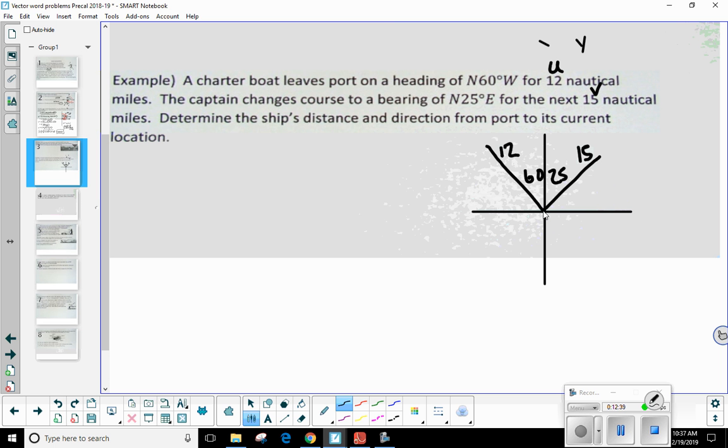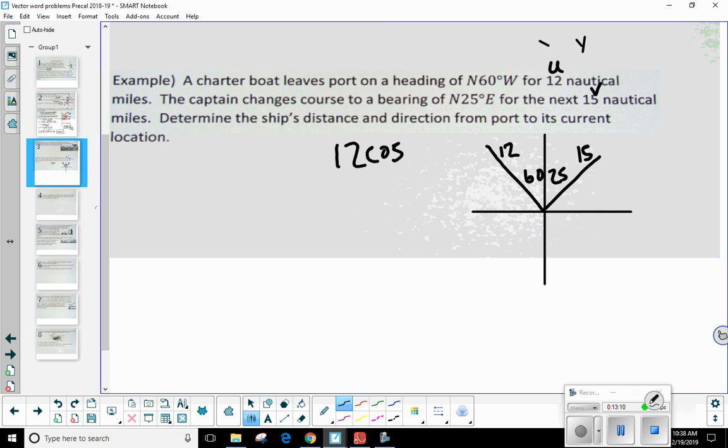So do we have everything we need? Now, it's not 60, though. Not in this case, because remember, that formula always has theta starting where? On the positive x-axis. So see, I went 60 degrees left of true north. It would be 150. There you go.